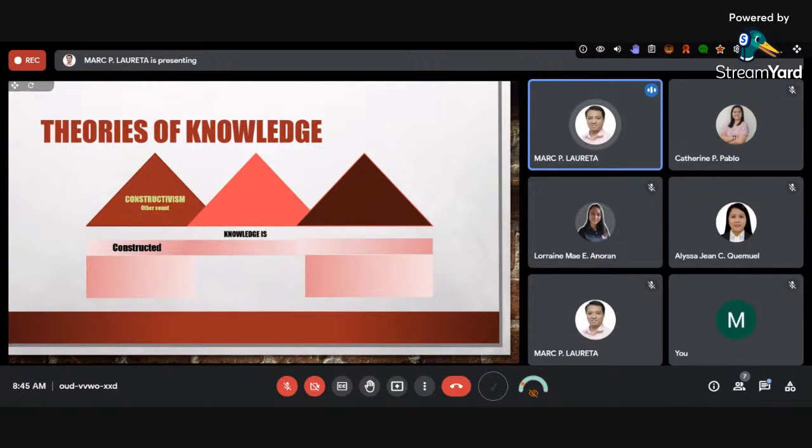Okay, so the learner has to be active. Learning is all about what we call meaning making. Learning means to be collaborative. Learning has to include peers' input. And learning has to be situated in realistic settings.